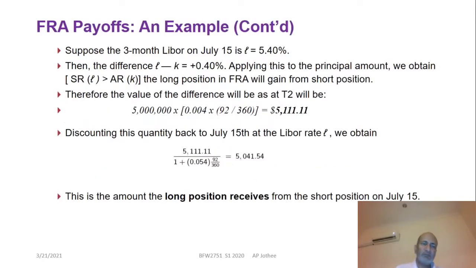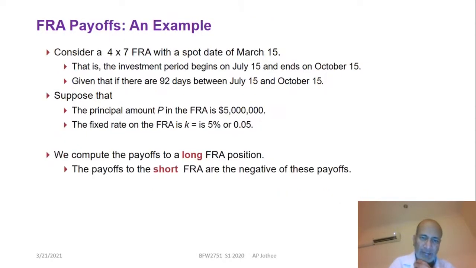Okay, the same example continues. Suppose the 3-month LIBOR rate as at July 15 is set to be 5.4%. See, you saw the K now is 5. L is variable and will be effective only on the day when the period starts.